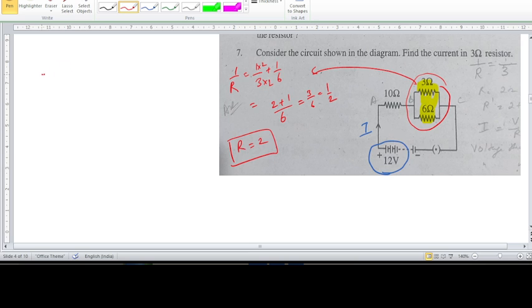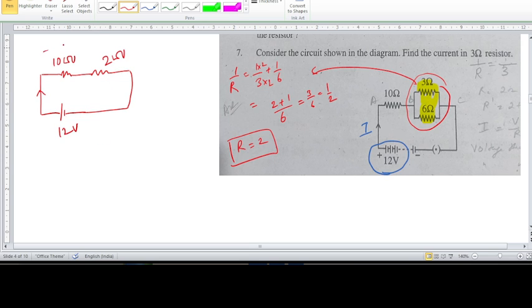If I draw the equivalent circuit here, I get 12 volt, this is 2 ohm, the overall 2 ohm I have calculated, and this is 10 ohm. Current I don't know, voltage I know.